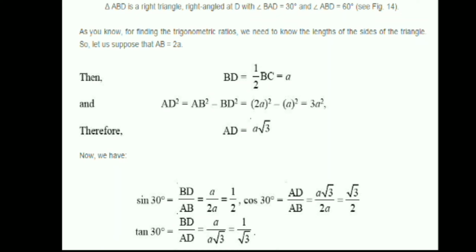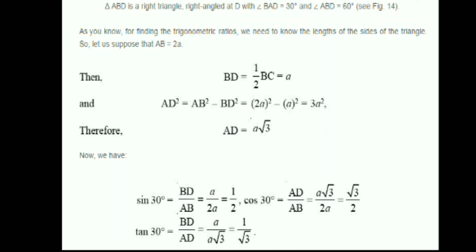If we want the value of cosec 30, cosec 30 is the reciprocal of sin 30, so the value of cosec 30 is 2. Same thing, sec 30 is the reciprocal of cos 30, that's why sec 30 is 2 upon under root 3. And cot 30 is the reciprocal of tan 30, so the value of cot 30 is root 3.